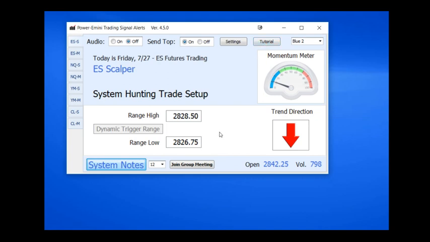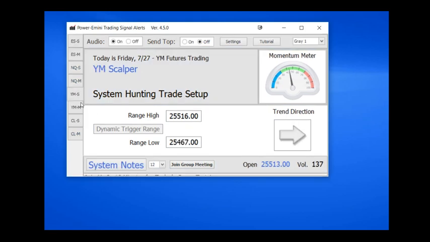But the first thing I'm going to mention is take the stuff over on the right, the momentum meter and the trend direction, kind of with a grain of salt, because you might see some weird behavior in there. Your main things that you want to watch are your range high and your range low, and then whatever the main alert is here. That for the most part is locked down and solid.